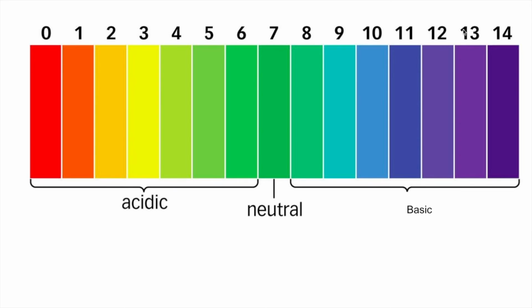From 14 to 13 is 10, from 13 to 12 is 100, from 12 to 11 is 1,000, so you just keep on going tenfold. Okay, so you basically add a 0 at the end of each number, and that's how it increases or decreases, okay?